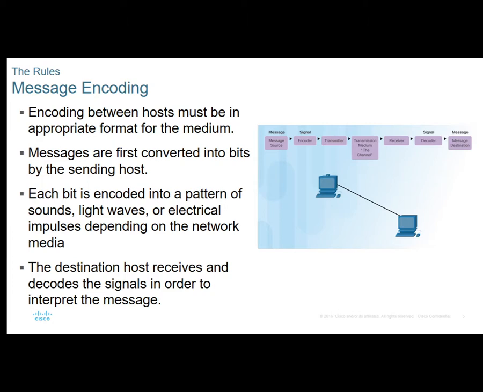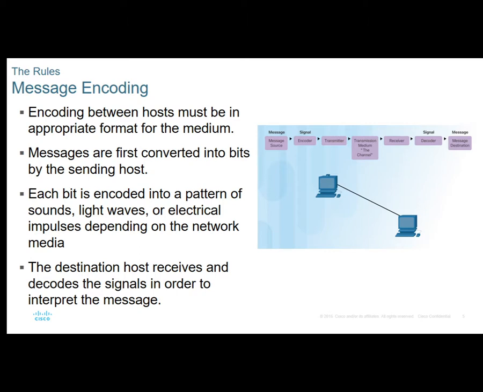Message encoding. Encoding between hosts must be in the appropriate format for the medium. What does that mean? It has to be in the right format for the medium. An access point has to have a specific frequency, right? The voltage levels on a cable need to be a certain voltage for it to be a 1 or a 0.